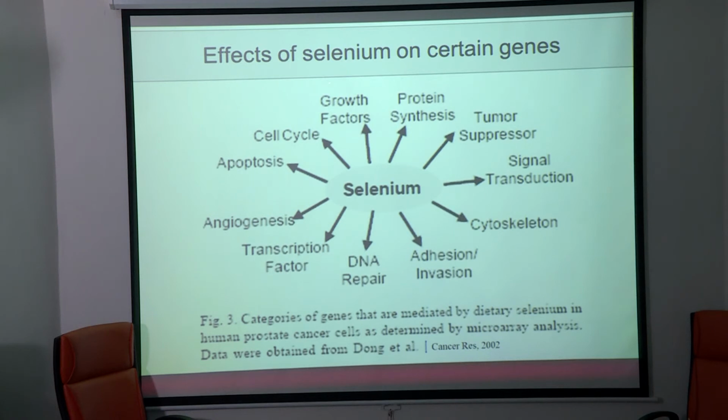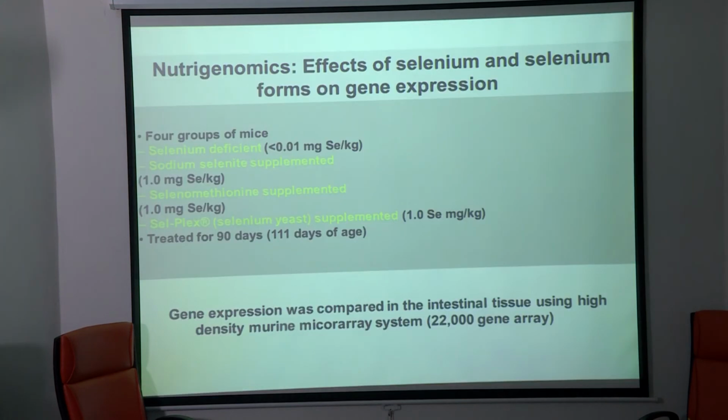Similarly, there are studies on the effects of selenium on certain genes. Here are the number of things which selenium impacts upon. They have done studies with 4 groups of mice. They've given one group selenium deficiency, then different kinds of salts in which sodium selenate or selenomethionine or Celplex were given, and the gene expression was compared in the intestinal tissue using a microarray system.